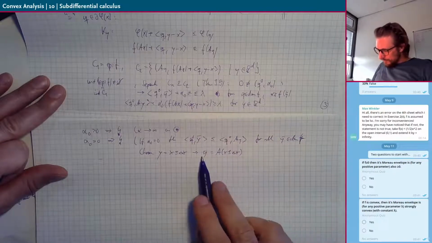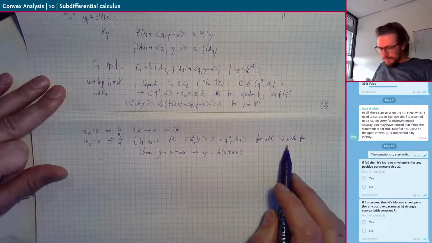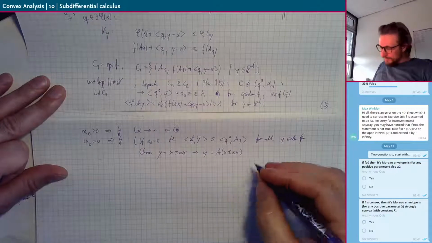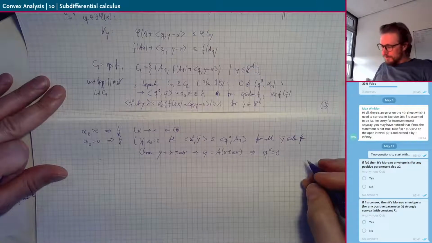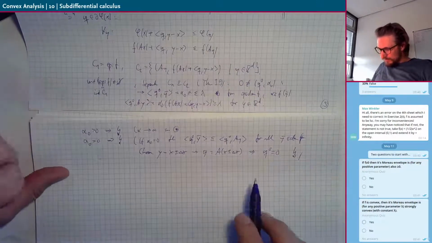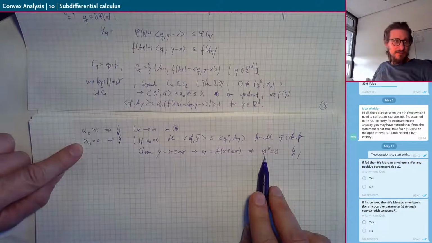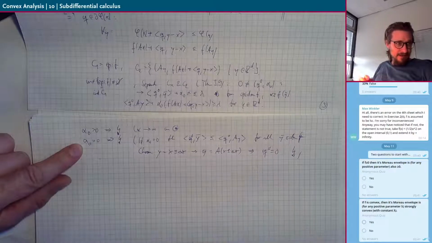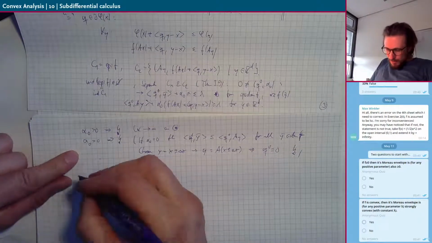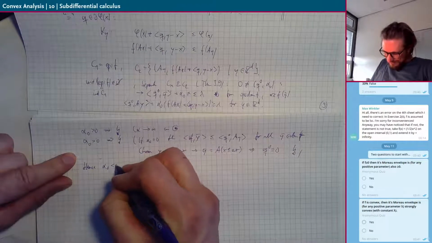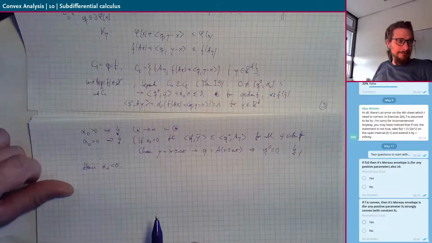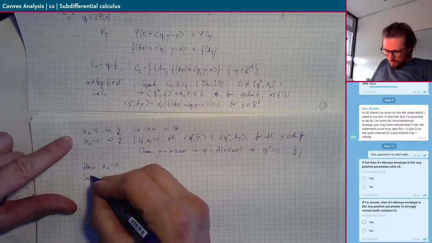This would work, and this would all stay in the domain of f, and this would show us that q0 has to be 0 like before, and this is again not possible because they both can't be 0 simultaneously. So hence alpha 0 is again negative. Okay, now it's almost done.